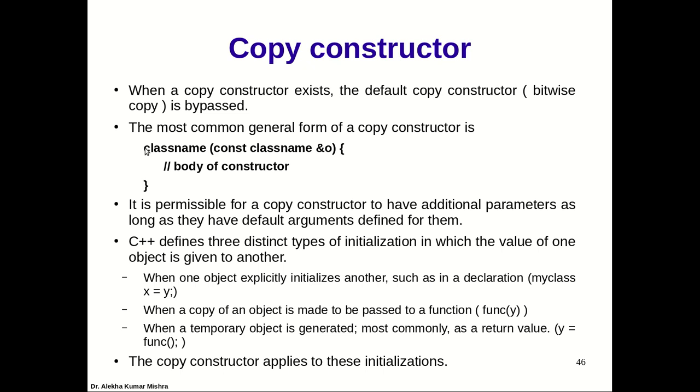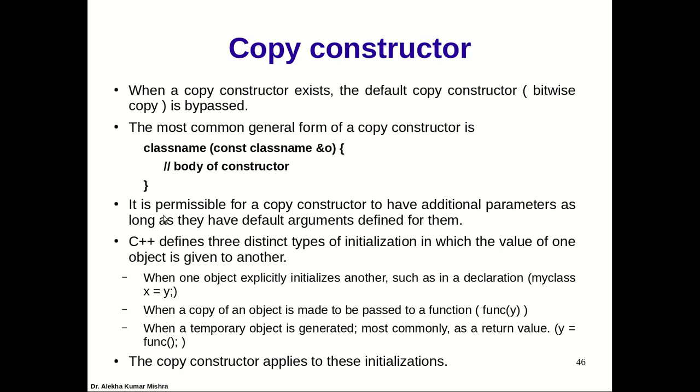The common format is the class name, const, the class name, and the object is passed as a reference. This is the object which will be copied to the newly created object, and it is always passed as a reference.